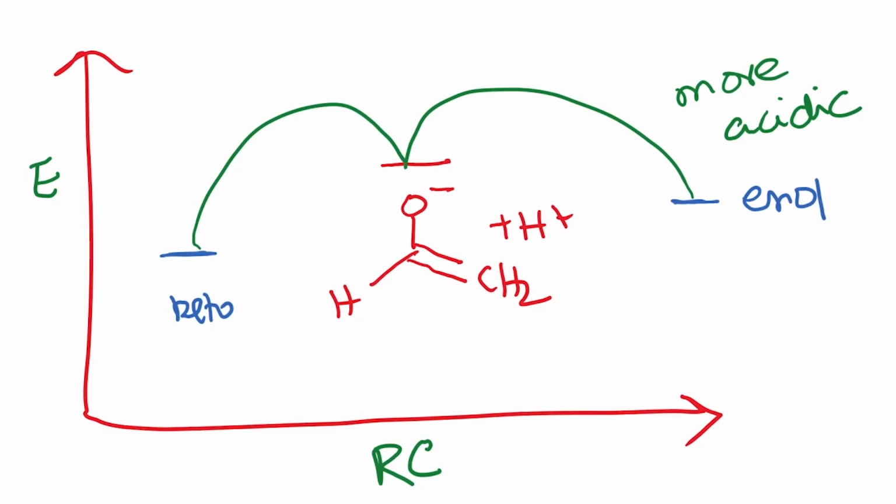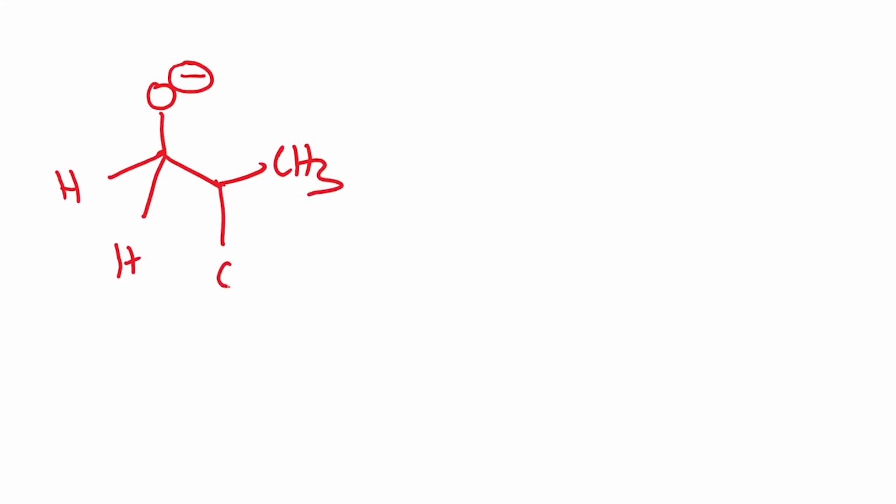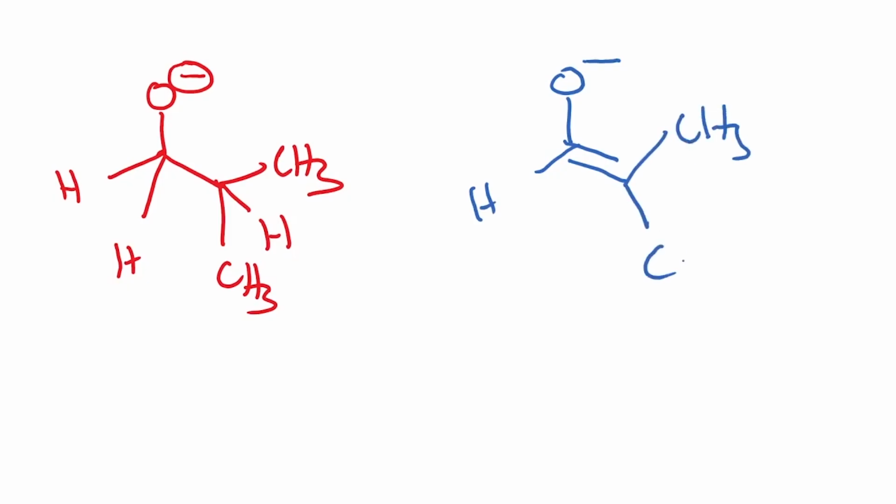Now let's compare the stability of the enolate with a few other known functional groups. The first functional group that we want to compare it with is the alkoxide. So if I draw out the alkoxide, it's over here, H, and CH3, CH3, H, versus the corresponding enolate, which is double bond, H, CH3, CH3.